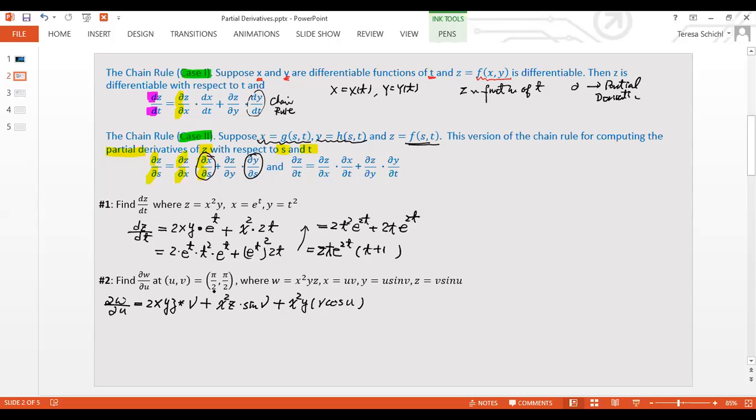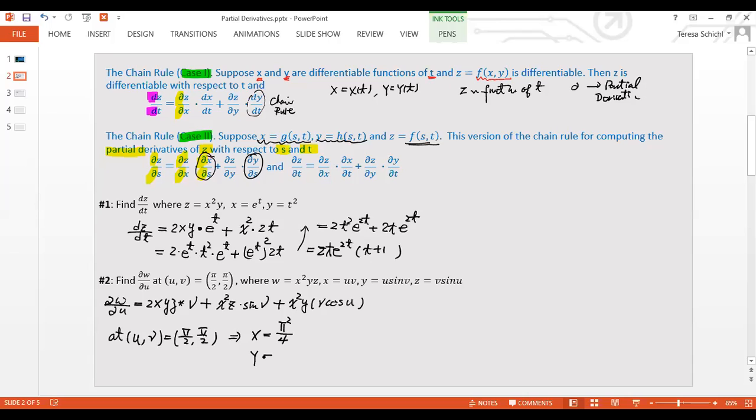Okay, now they want to find the value at u = v = pi over 2. So when u and v are pi over 2, you substitute, and I can get x here is uv, right? So it's pi squared over 4.